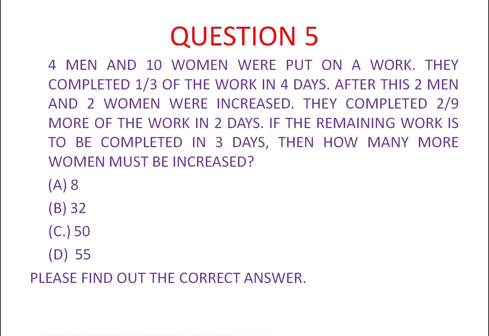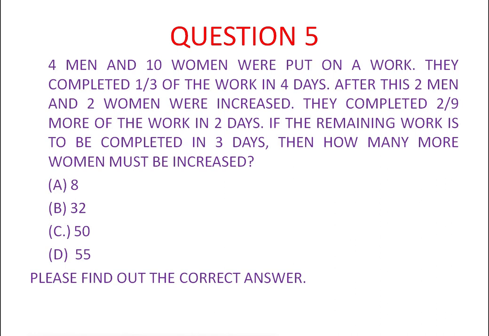That will be equal to 12 days. After this, 2 men and 2 women were increased. So now instead of 4 men there will be 6 men, and instead of 10 women there will be 12 women, and they will complete 2 by 9 more of the work in 2 days.